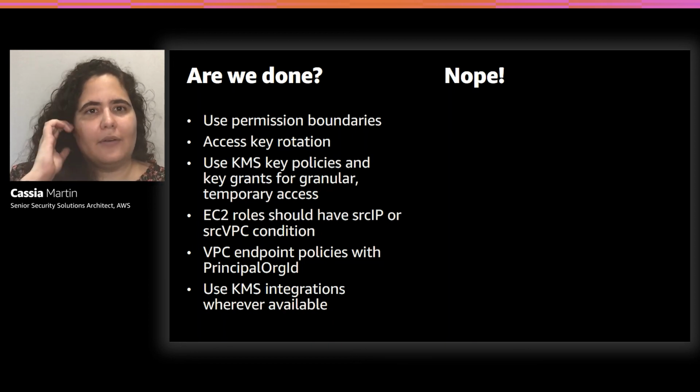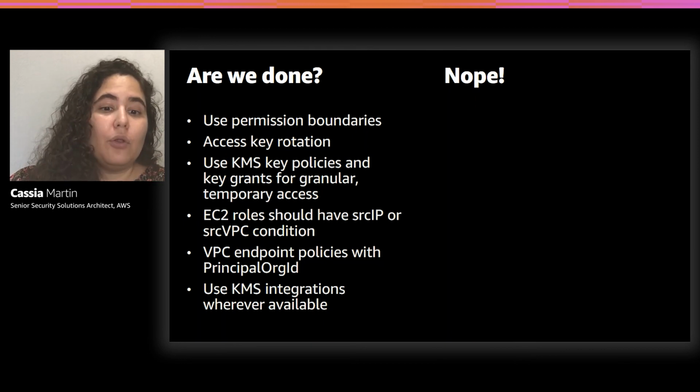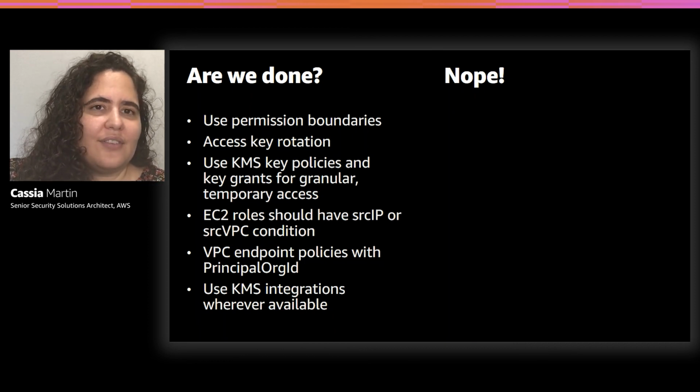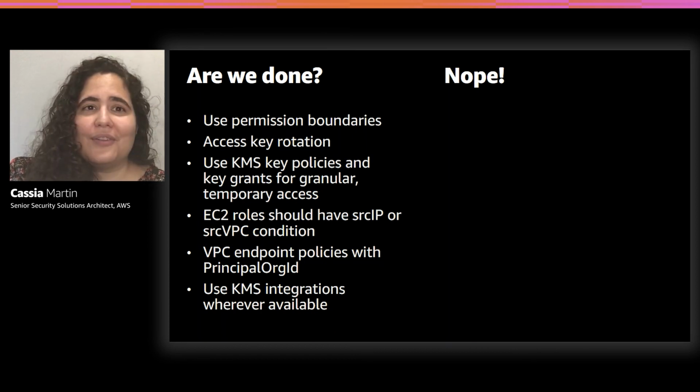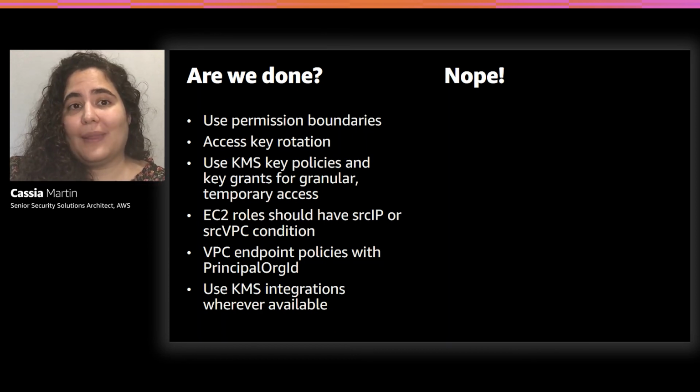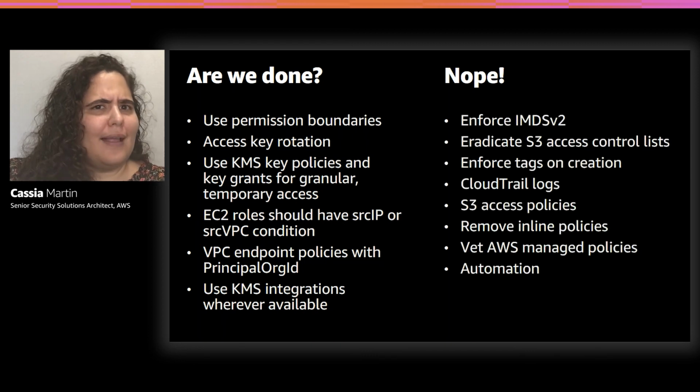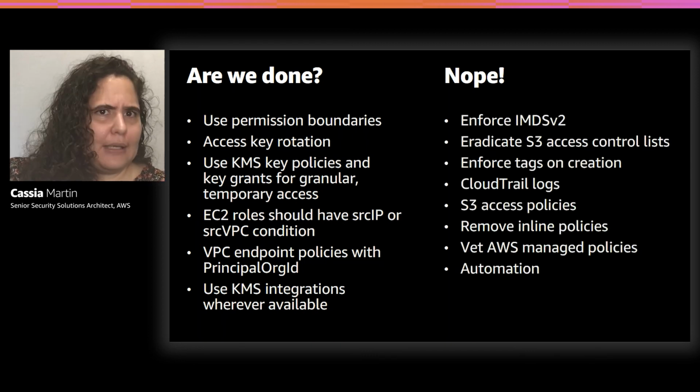So permission boundaries gives you the best of both worlds because it allows development teams to create permissions, but within strict boundaries. There are all sorts of powerful constructs that you can use with conditions in IAM, things like KMS integration, making sure your data is encrypted, making sure you have access keys.